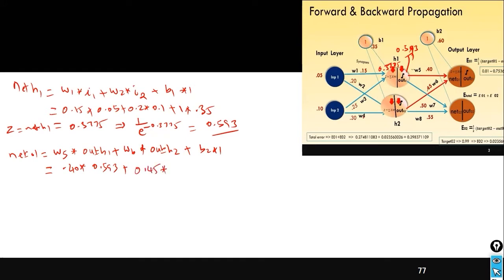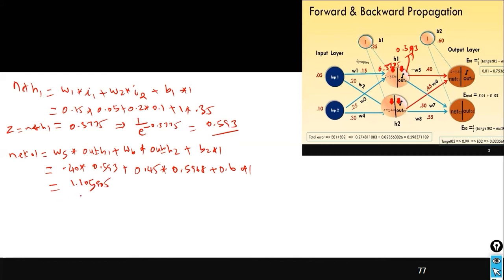Out H2 is let's say 0.5968, something like that, plus 0.6 into 1. If you solve this, you will get net O1, something like 1.105905. Okay, net O1.